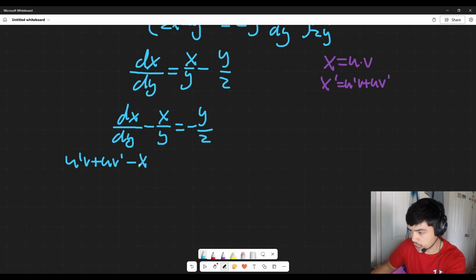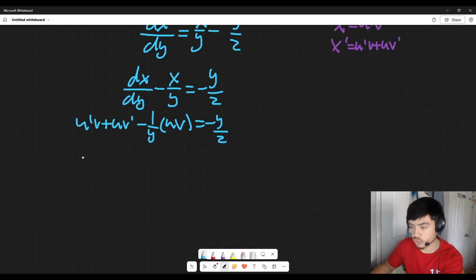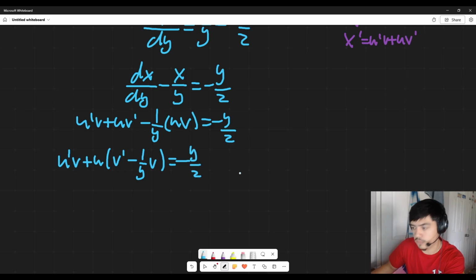minus, sorry, not x, we have 1 over y times our x, which is uv, equals negative y over 2. Remember, factoring out a u from both of them, we get u prime times v plus u times parenthesis v prime minus 1 over y times v, equaling negative y over 2.